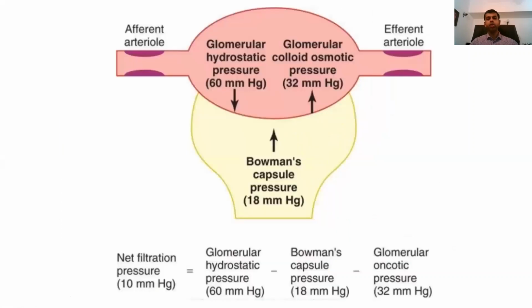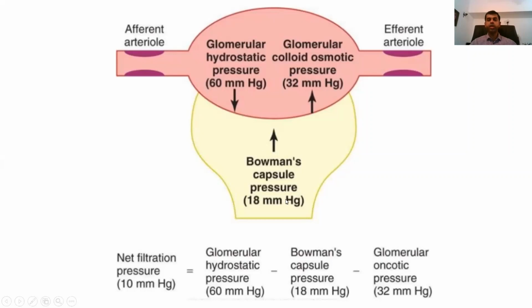If you talk about the glomerulus, what mainly governs what gets filtered is the hydrostatic and oncotic pressures that work in your glomerulus. If you remember, in the glomerulus, there's a hydrostatic pressure pushing fluid out, and then there's an oncotic pressure which is keeping fluid within the glomerulus.